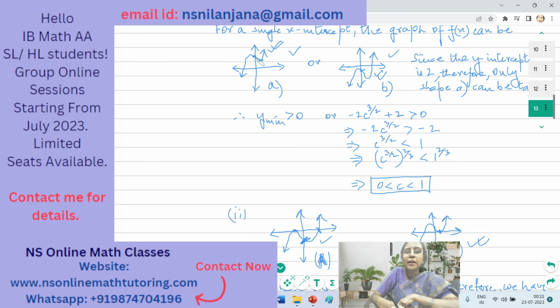Previously, we had to take this point because the d value was fixed. It was equal to 2. So the graph had to pass through that 0, 2 point. But now the d is variable. It can be anything. So we can take both the cases, both the maximum and the minimum points above the x-axis, or both the maximum and the minimum points below the x-axis. We can take both the cases.